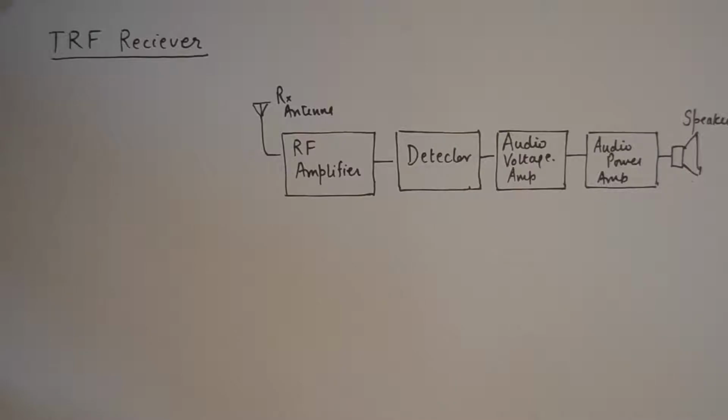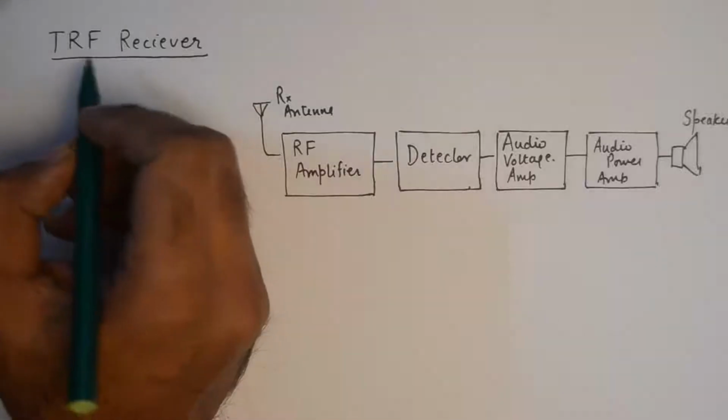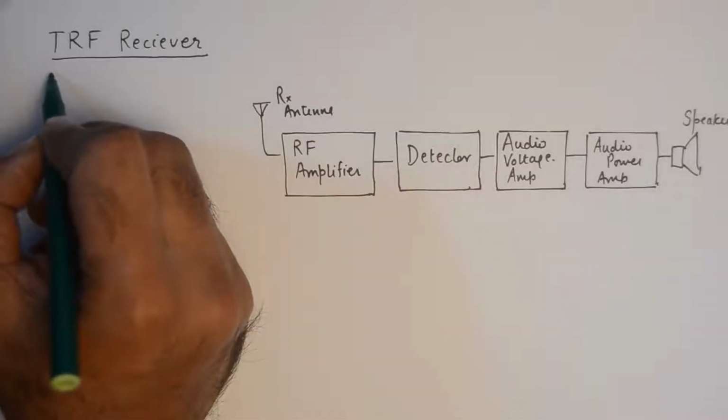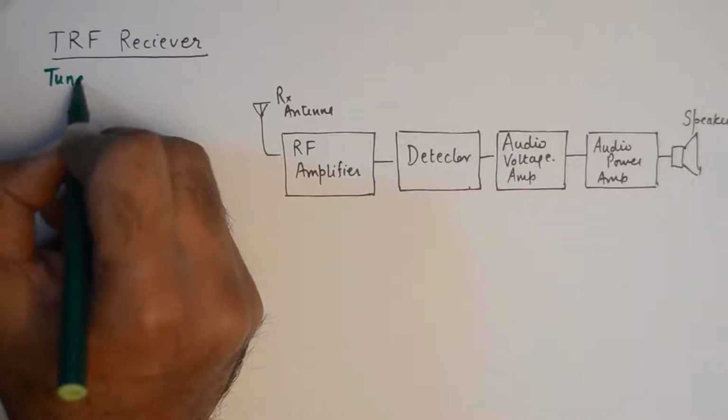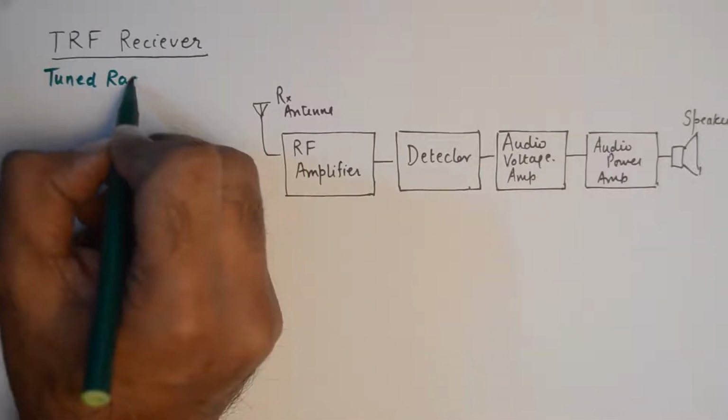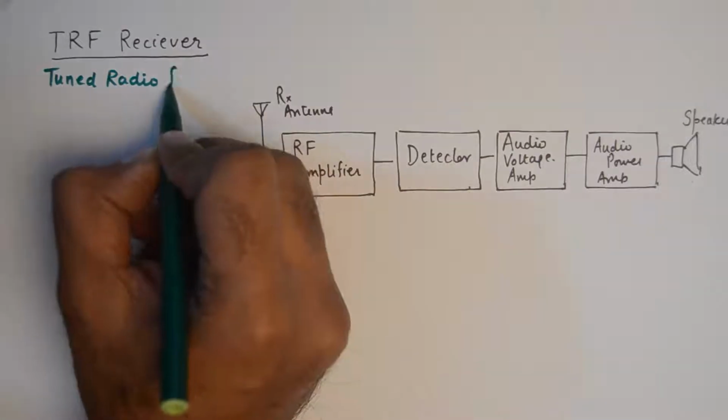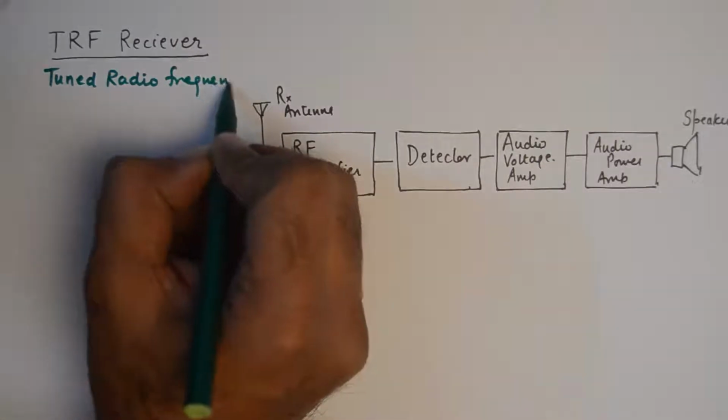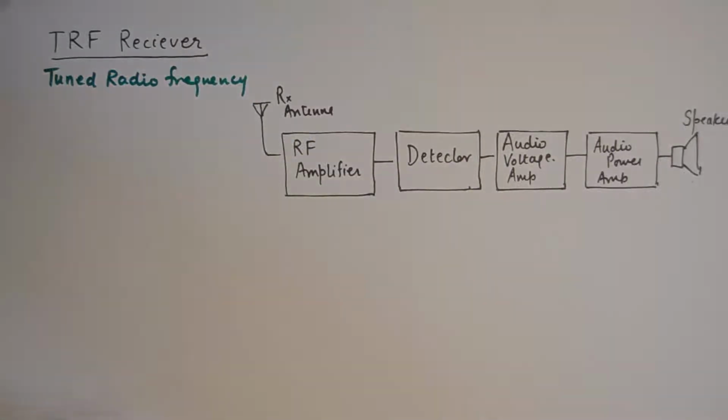A TRF receiver, which is a tuned radio frequency receiver, extracts the message signal out of the carrier wave, which is in fact a modulated wave.